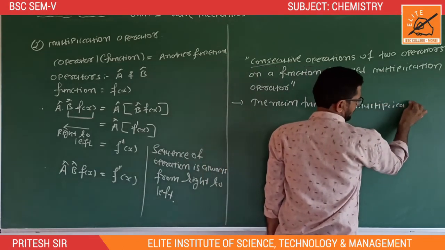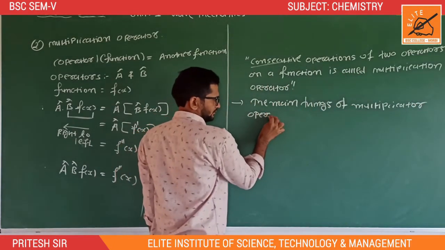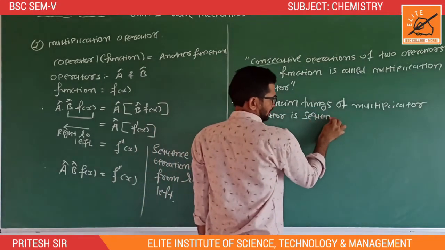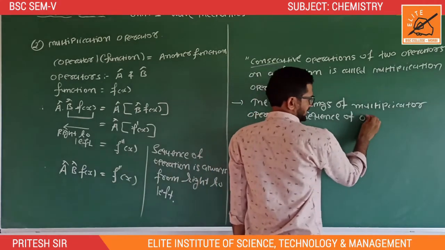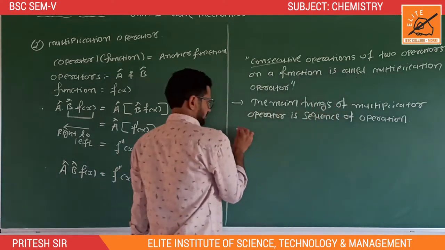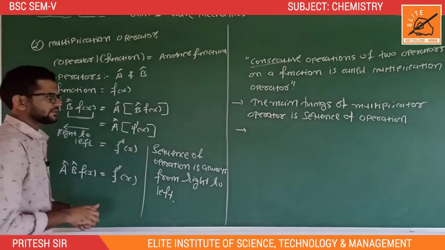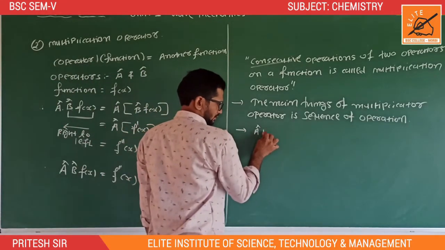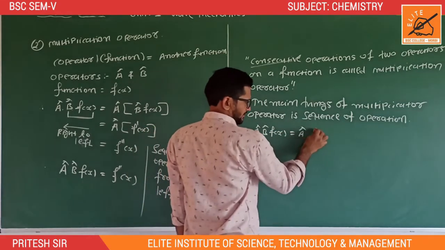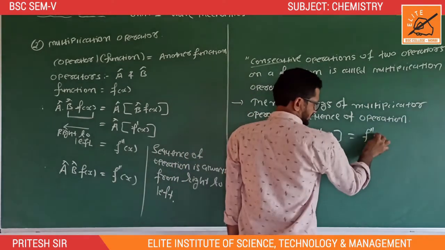The main thing of the multiplication operator is the sequence of operation. In this example, A cap B cap f(x) is equal to A cap operated on f dash x, with final result f double dash x.